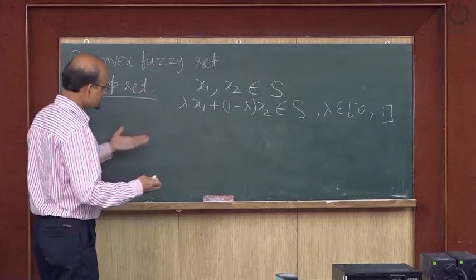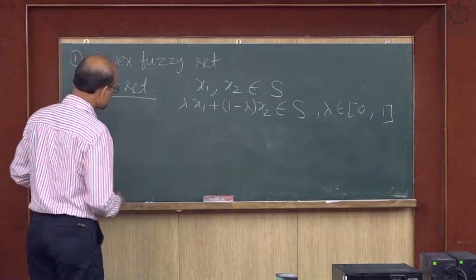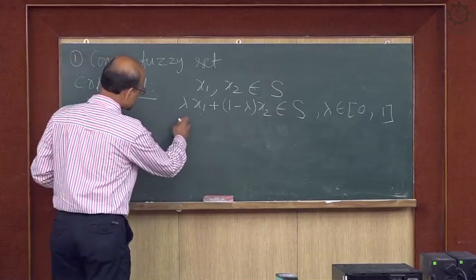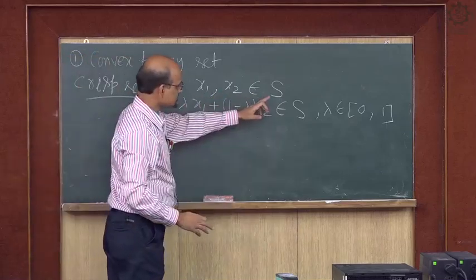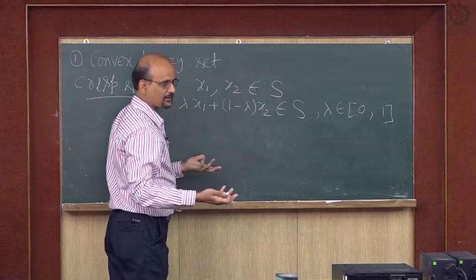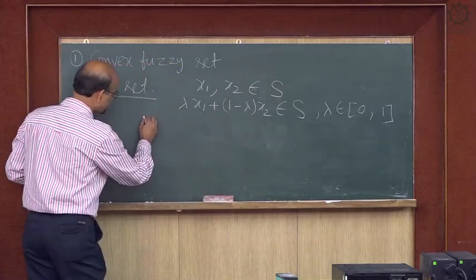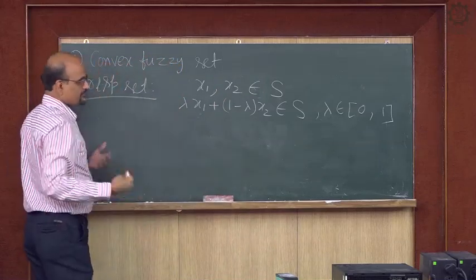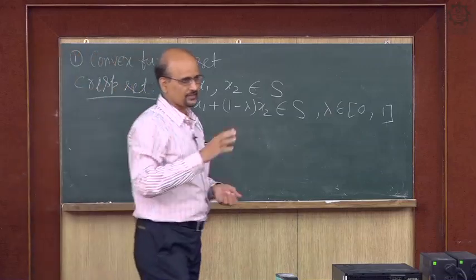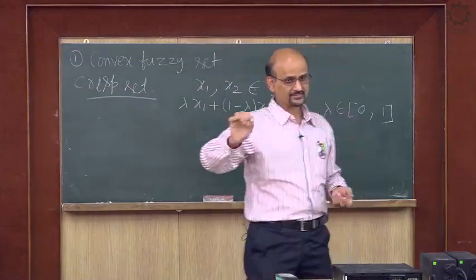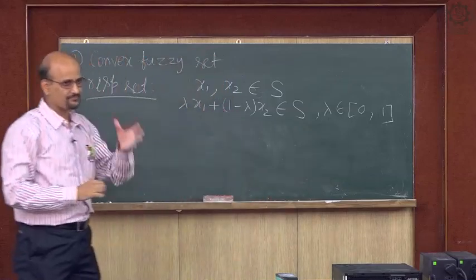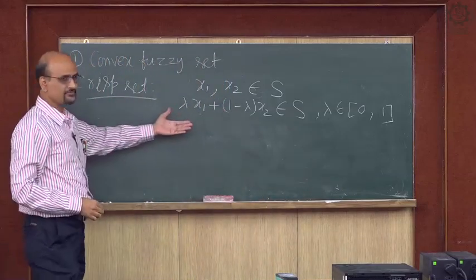Now, from here let us define what is the convexity for a fuzzy set. Okay. So, here it is the same actually, a little bit of extension. So, here x1 and x2 belong to the fuzzy set, suppose now A bar or S bar. So, whenever we are talking about a fuzzy set, you think about the membership function. Main is the membership function, because along the x axis you have the elements, no problem, but the membership function is the main difference here.